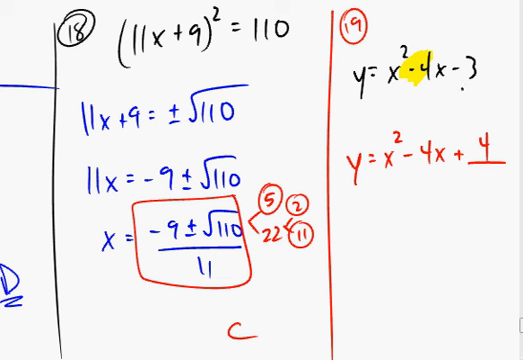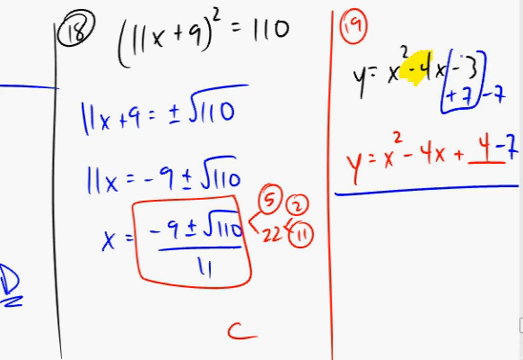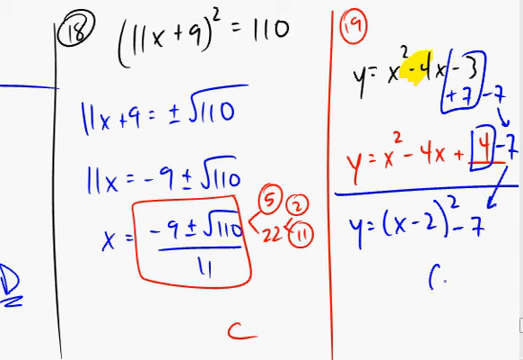So how do I get from negative 3 to 4? How much do I have to add? I have to add 7. So I'm going to write plus 7 minus 7. These make this. Factor that like this, and then the minus 7 is out there. That is C.